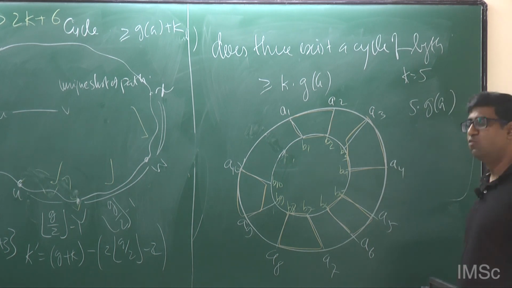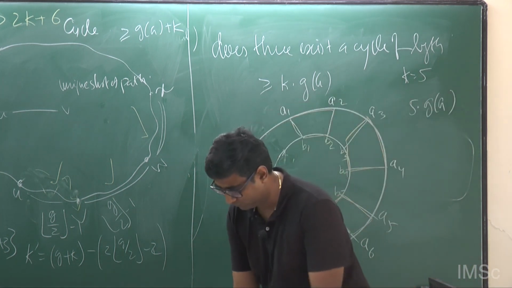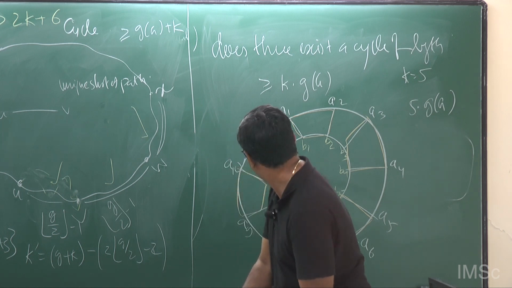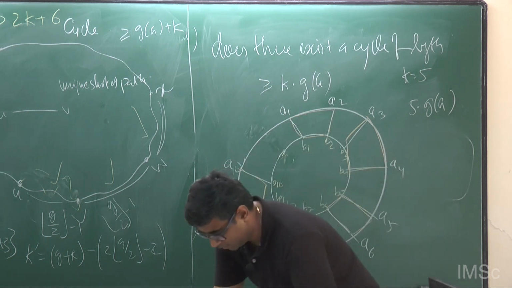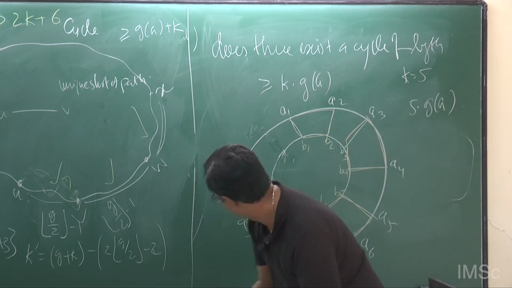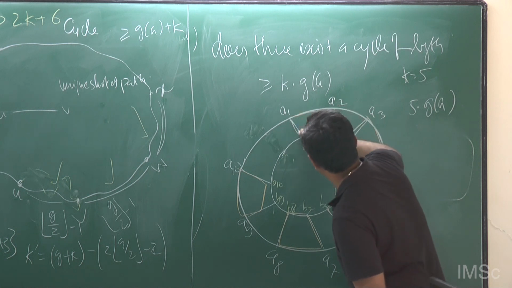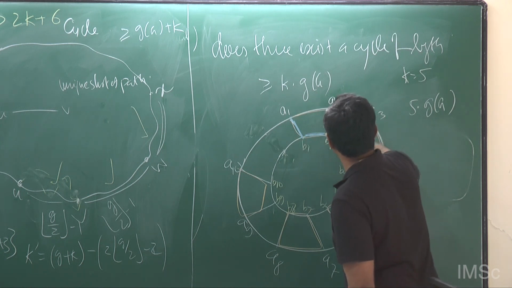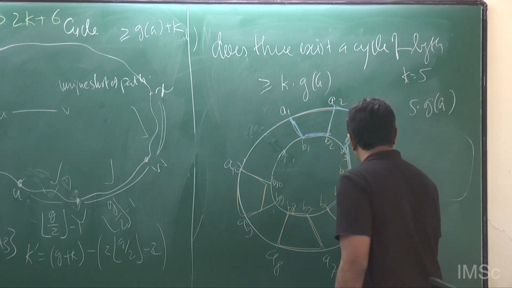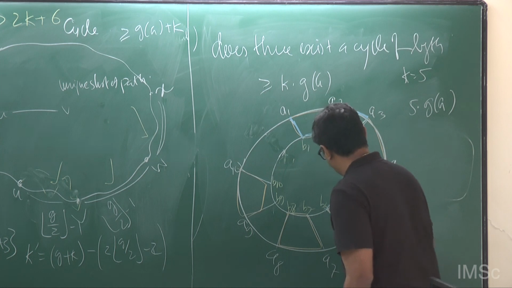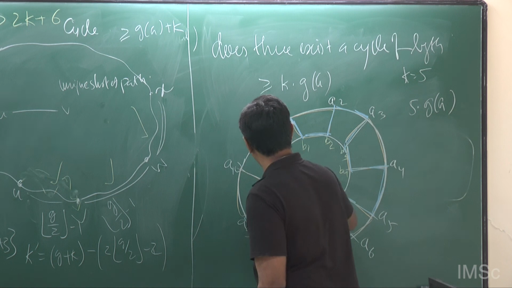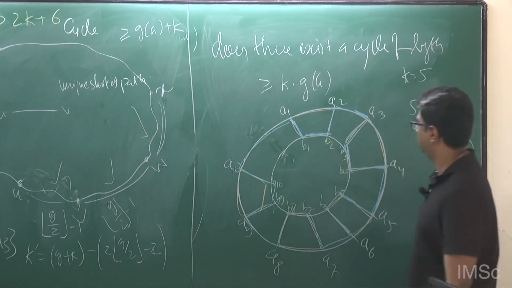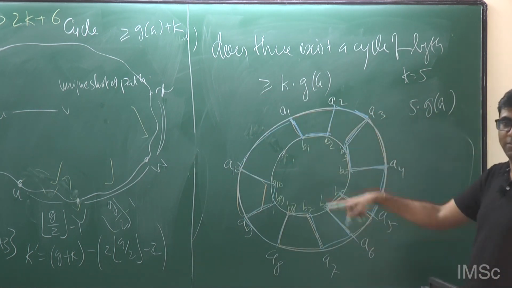Now let me draw 2 more cycles for you. So here's my one cycle. This is bad colored, so let me use another color. This blue color, whatever I have drawn, is a cycle.